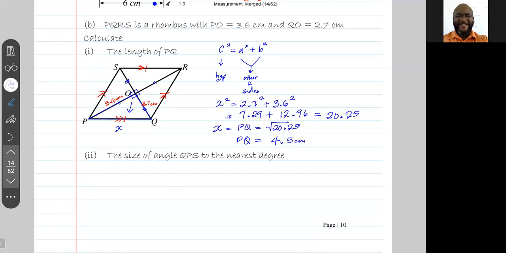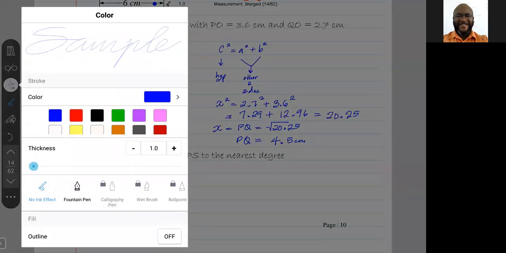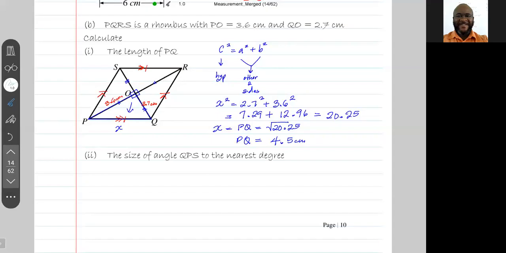Next, we're asked to calculate the size of angle PQS. So let's change to green for that one. Angle PQS is this entire angle.